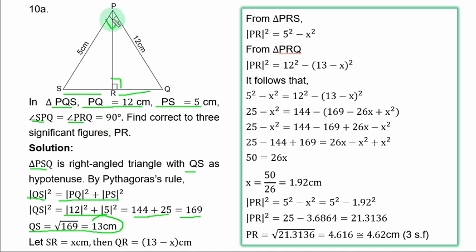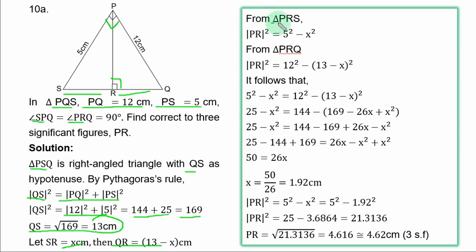Remember, to get PR, what we need is either SR or QR. Now that we know QS, let's take SR to be x centimeters. If the whole length is 13 and SR is x, it means QR is equal to 13 minus x.